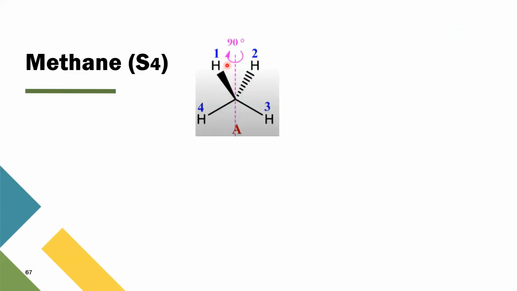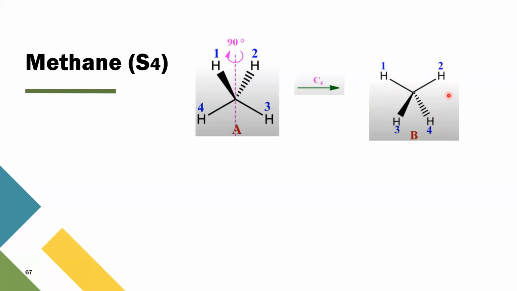Now, we labeled the hydrogens 1, 2, 3, 4 in molecule A. You rotate it by 90 degrees, a C4 axis, and you get molecule B. When you rotate it by 90 degrees, these two H's will lie on the plane of the paper and of the other two, one goes in and one comes out.